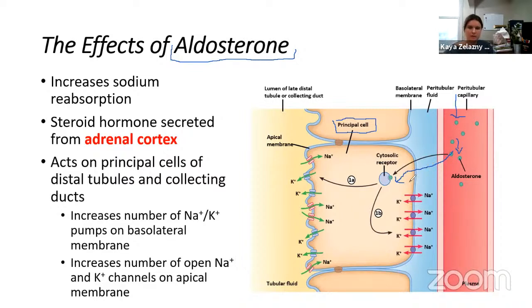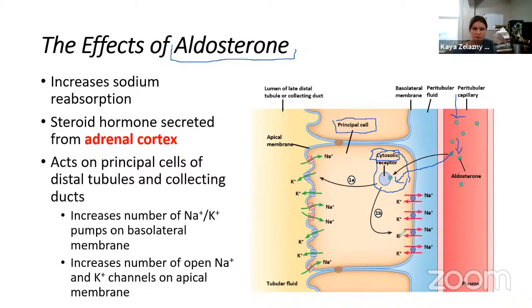So the first time we see an effect of aldosterone is going to be actually inside the principal cell in this cytosolic receptor, right? Cytosol just refers to the fact that it's in the cytoplasm, right? Okay. So the effect of the aldosterone affecting this receptor on the inside of the cell is going to happen in two places. So we got a 1A and a 1B. We're going to actually talk about the 1B first, because I think that's going to help us understand the flow a little better.